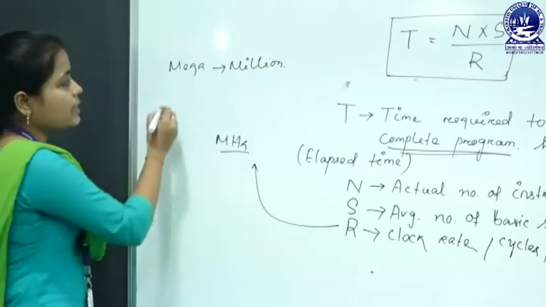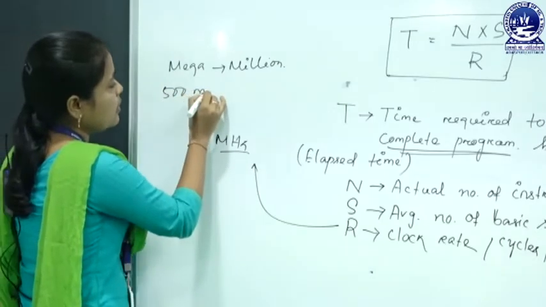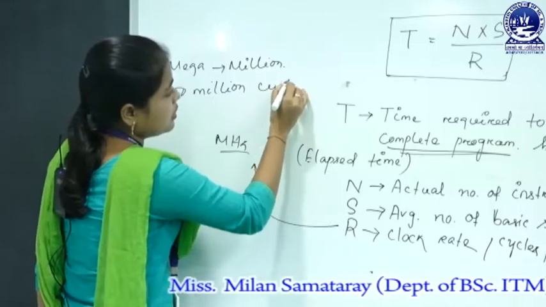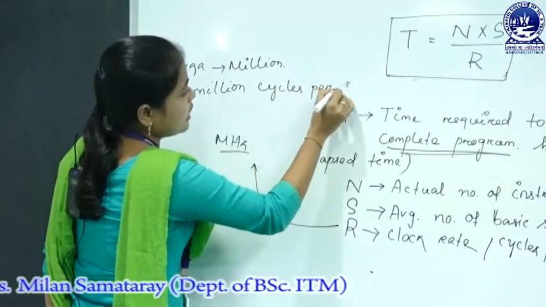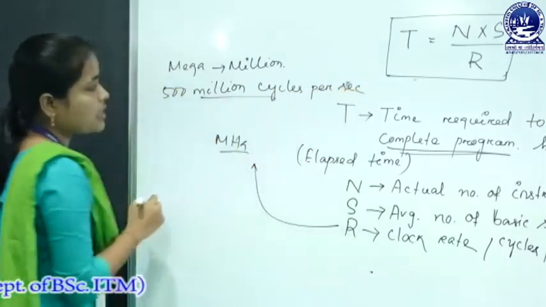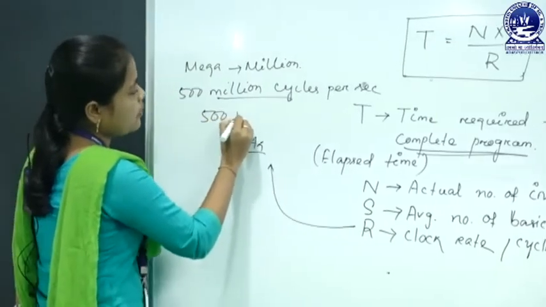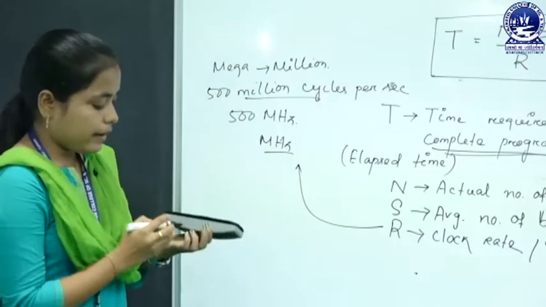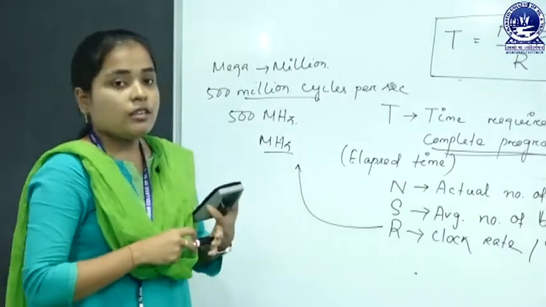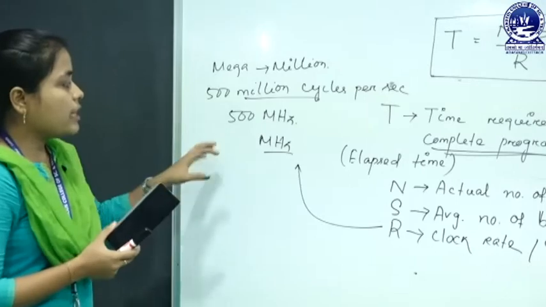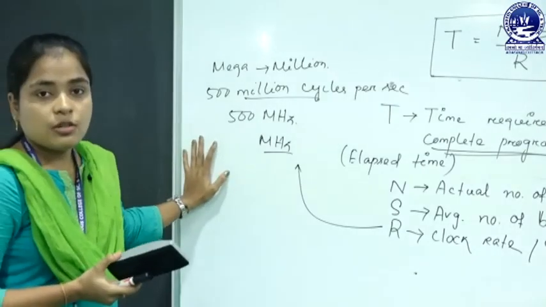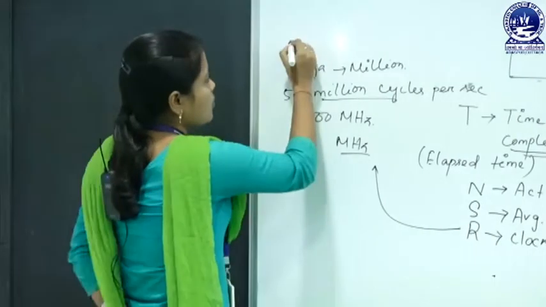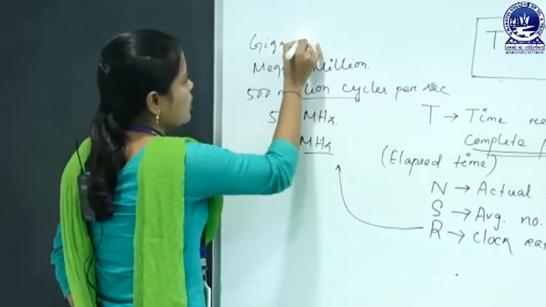If I write 500 million cycles per second, it represents 500 megahertz. When we are buying a computer, the processor may be written as 2.5 megahertz or 2.2 gigahertz. Gigahertz means billion.